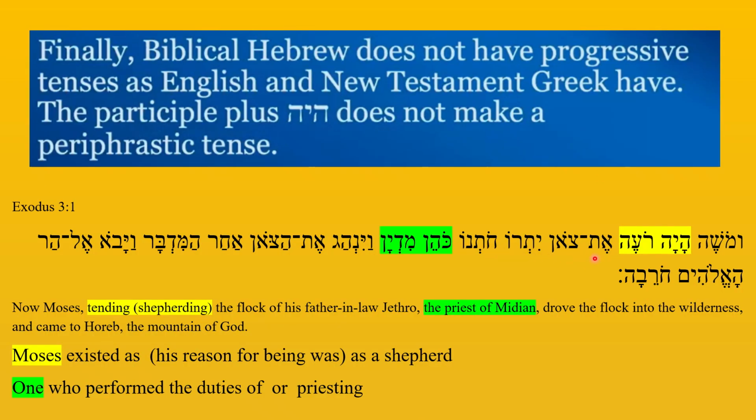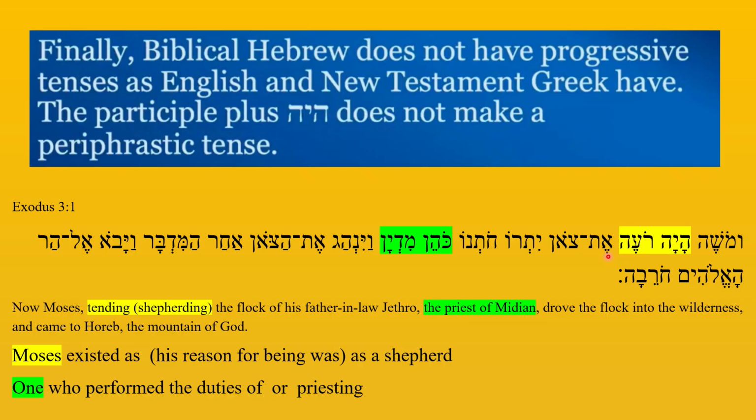Okay, so this idea of the shepherding, or actually watching, however this is translated, but this is a participial verb. So Moses was shepherding, was tending the flock.